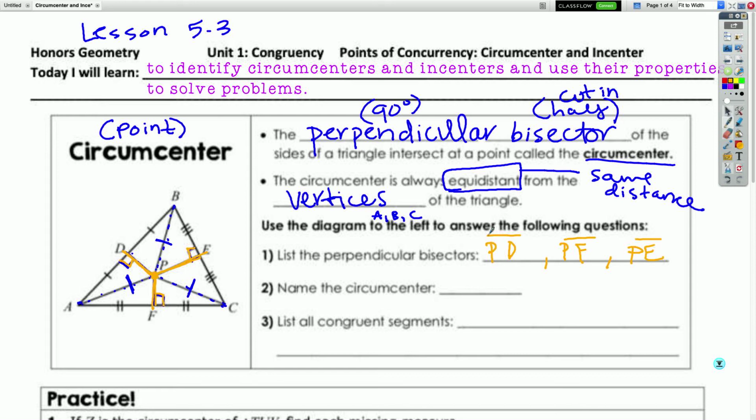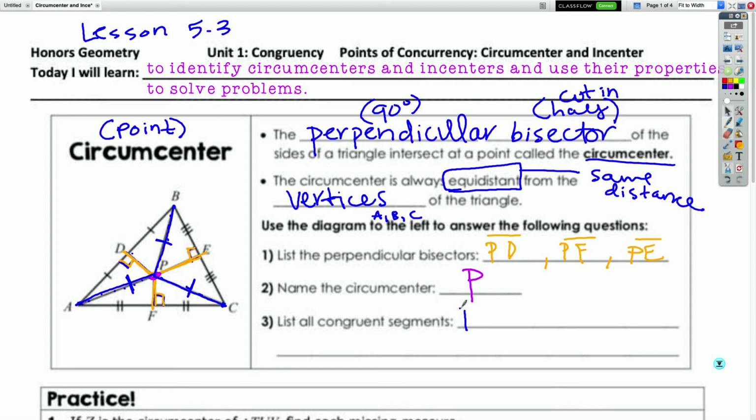The circumcenter, again, is a point. I'm going to change colors, and it is point P. We just name it with that capitalized letter. And we have lots of congruent segments here. Let's go ahead and name those 3 that we know by the rule. So equidistant from the vertices, the 3 vertices.